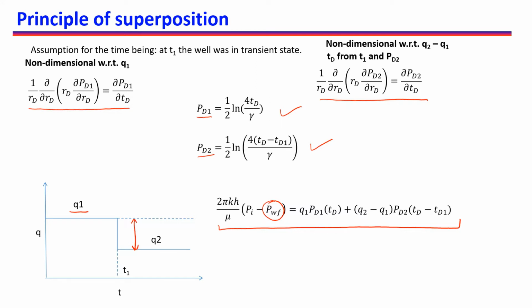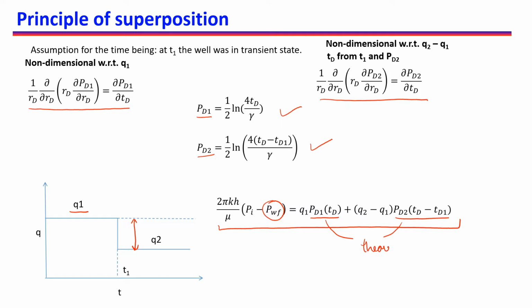Last time I did not discuss skin. How do we take care of the skin factor when we are applying the principle of superposition? In my earlier videos, I had said that when we use this non-dimensional pressure terminology and when we write this PD2 with subscript D, that means this is theoretical pressure drop.